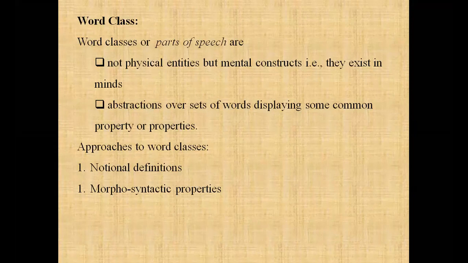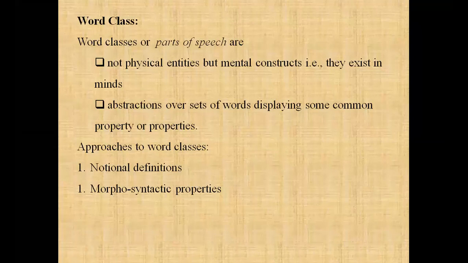And there are two types of approaches to word class. One is known as notional definitions, and another is morphosyntactic properties. Notional definitions are basically the traditional definition of word classes.